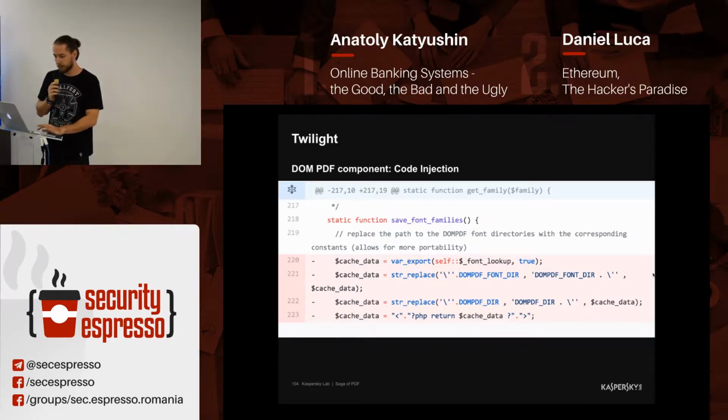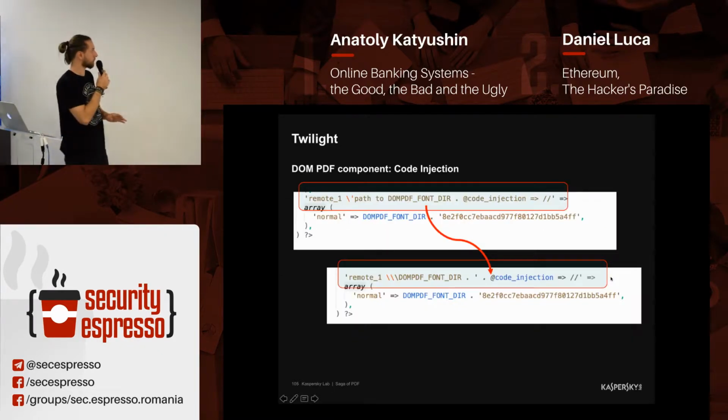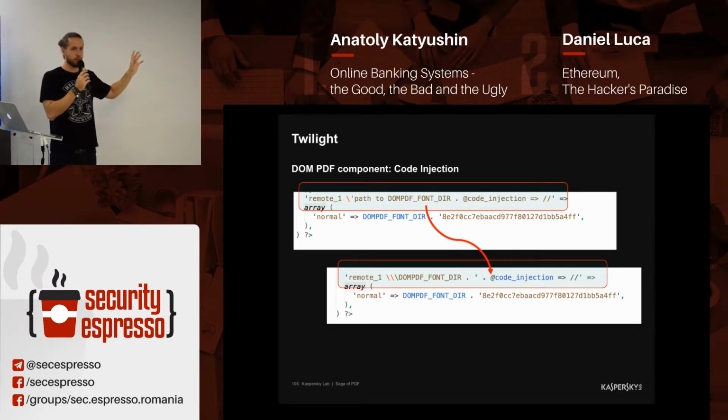Then it exports the array with font data and replaces the combination of a single quote, you see this single quote, and the real path to the component directory with just a global constant name, dot, and a quote. So actually, it replaces it like this. And if you know the real path to this DOM-PDF component, you can inject your own code.